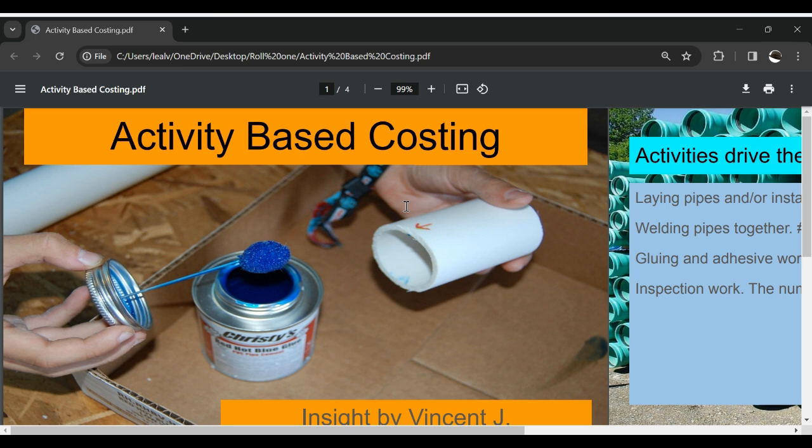And today we're going to be talking about activity based costing, using a plumbing and pipe fitting company as our hypothetical industry.